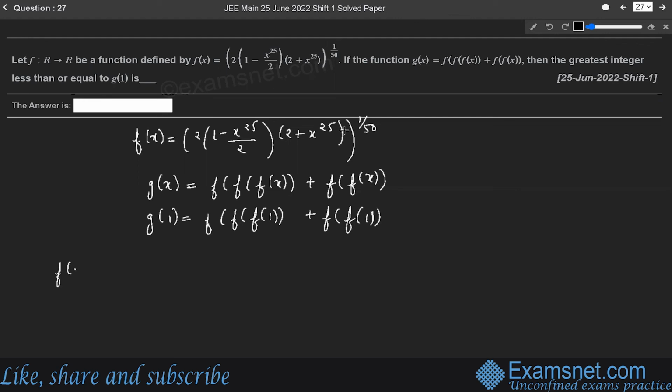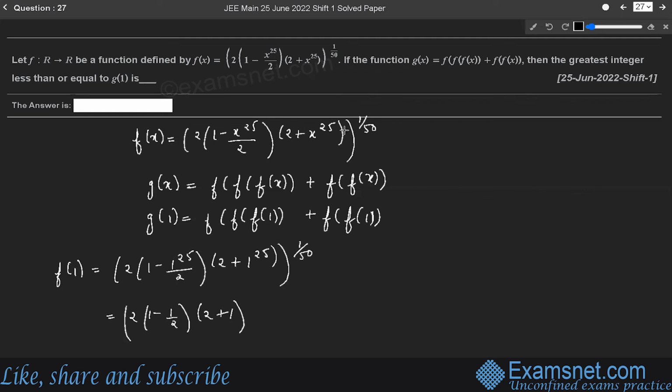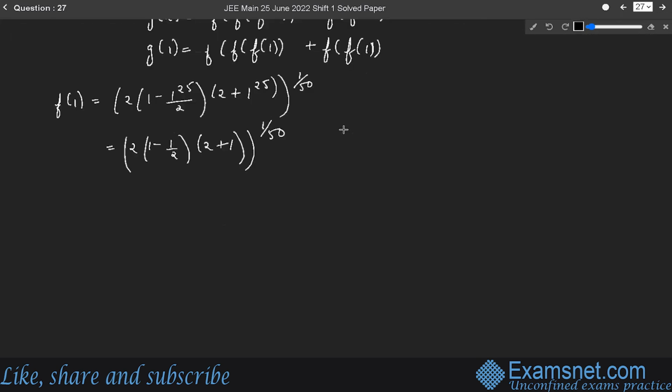Now f of 1 will be equal to (2 into (1 minus 1^25) divided by 2 into (2 plus 1^25)) whole power 1 by 50. So it will be equal to (2 into (1 minus 1) by 2 into (2 plus 1)) whole power again 1 upon 50. So it will be equal to 3 power 1 upon 50.